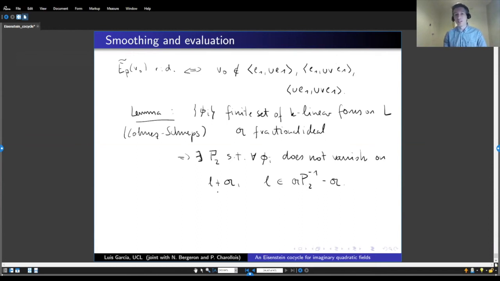You can always find such an ideal P2 such that a given set of linear forms doesn't vanish. And this means that, in particular, you can take the linear forms defining these planes in the case n=3, or the hyperplanes in the modular symbol for larger n. So once you do this, you're guaranteed to be evaluating the cycle somewhere where all the Kronecker-Eisenstein series are well defined.